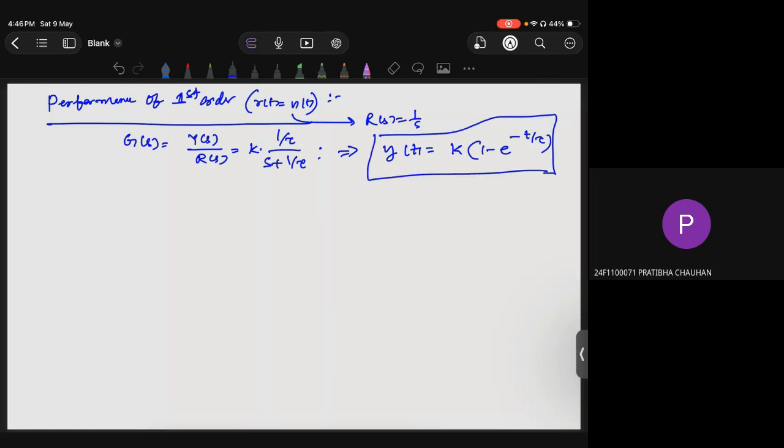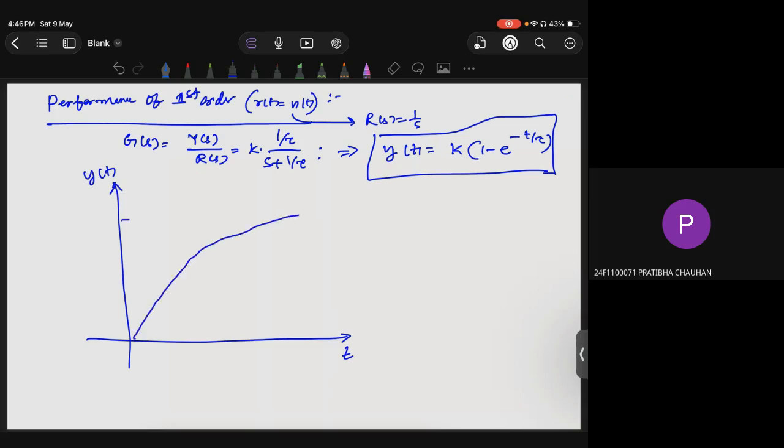If you plot it, this is y of t, this is t. This function looks like an exponentially increasing function, where the final value is k. If you draw the response, this is the slope dy by dt at t is equal to 0.